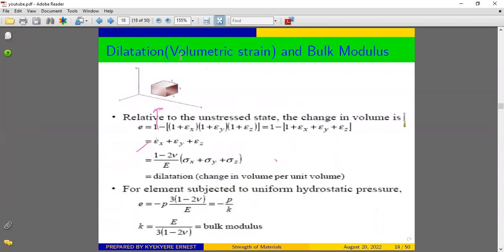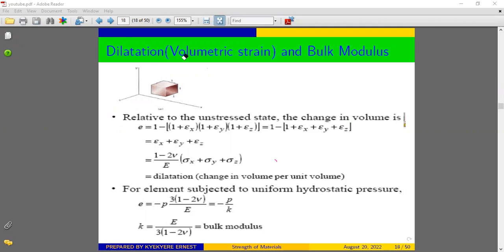Good. Now let's look at dilatation, which is also referred to as the volumetric strain.